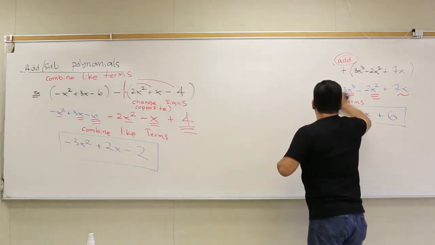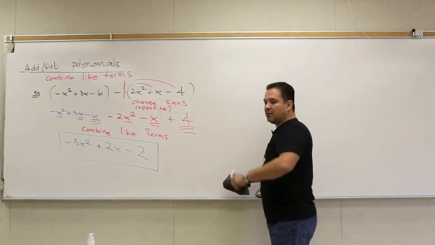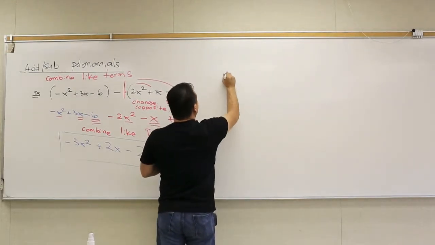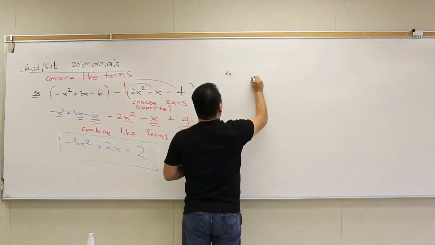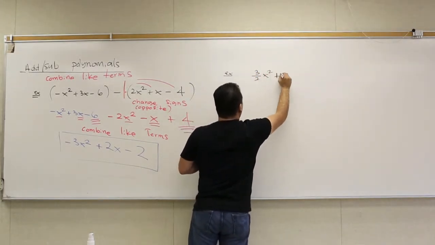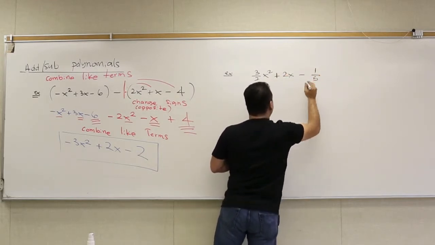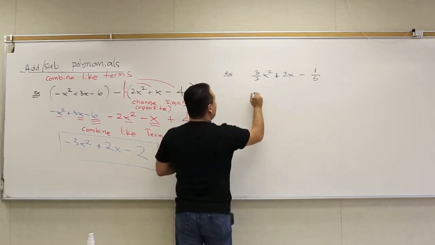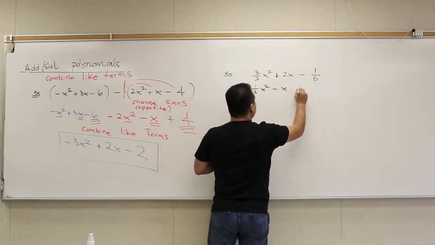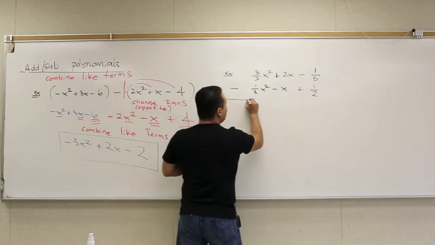And they can give you subtraction problems that are not just horizontal. They can even give you vertical problems. For example, they can say: what happens when we have 3/2 x squared plus 2x minus 1/5, and then 1/3 x squared minus x plus 1/2, and now they want you to do this sort of thing here.